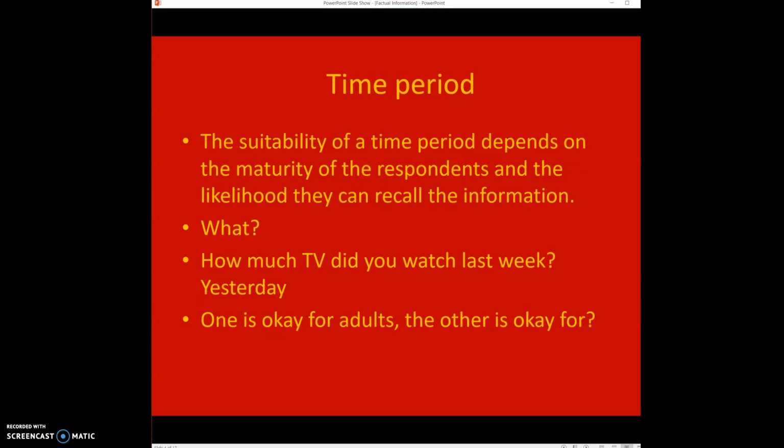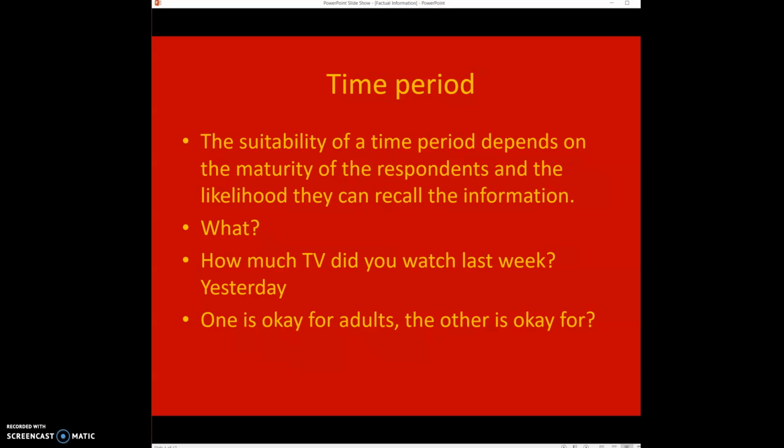And again, you're going to run into a problem of what's a normal day? What if yesterday to them was Sunday or Saturday? That's different than yesterday being Thursday. The other thing is how much TV did you watch? This has come up more recently as I'm learning more about how people view information.